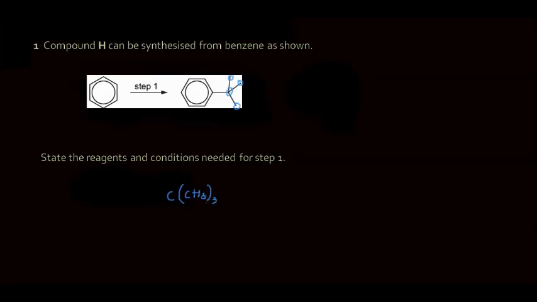So the main reagent that reacts with the benzene is the chloro compound of this. The question says state the reagents and conditions needed for step 1. So our reagent is the chloro compound of this and the catalyst is aluminium chloride.